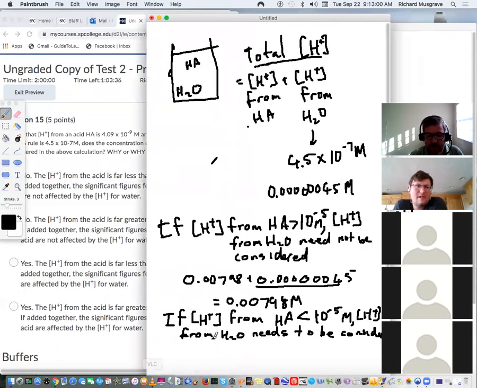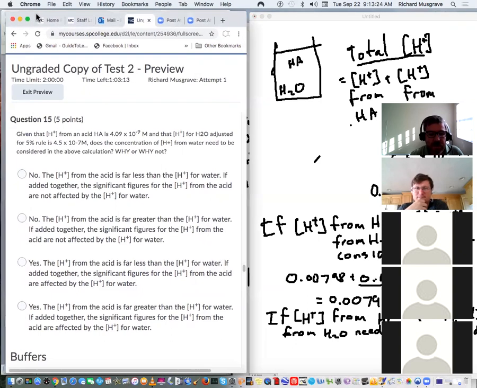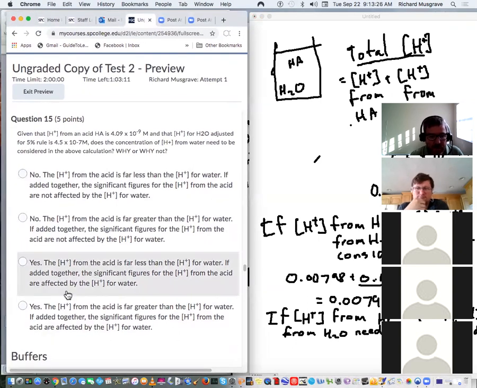If you look at it, the H plus from the HA is less than 10 to the negative 5. In fact, it's 4.09 times 10 to the negative 9, which means that it's so small that when you added these together, the 4.5 times 10 to the negative 7 would matter. You can try it in your calculator if you don't believe me, but it would matter. So the answer would be yes, and it's going to be one of these.